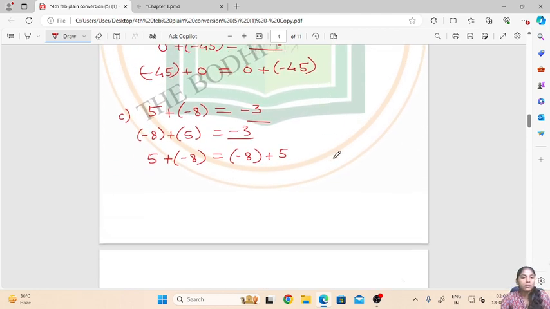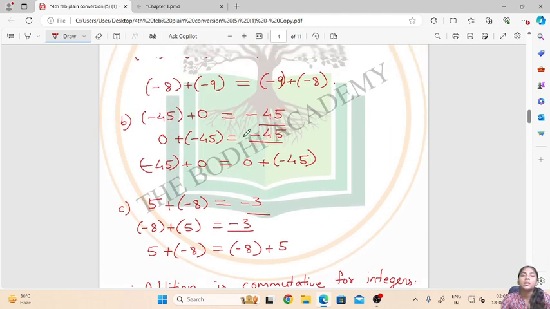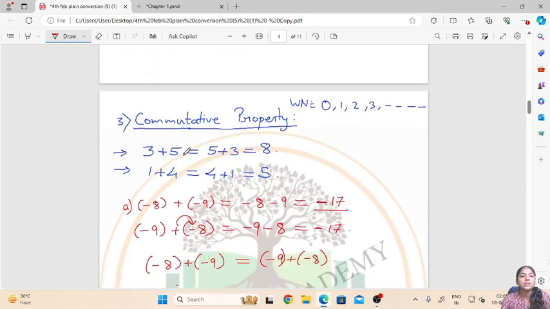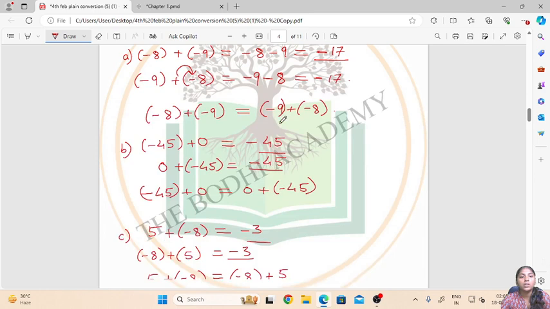Thus we say that addition is commutative for integers, since these integers can be added in any order.